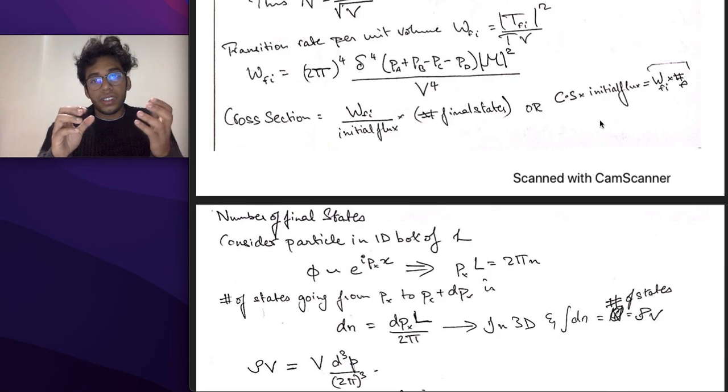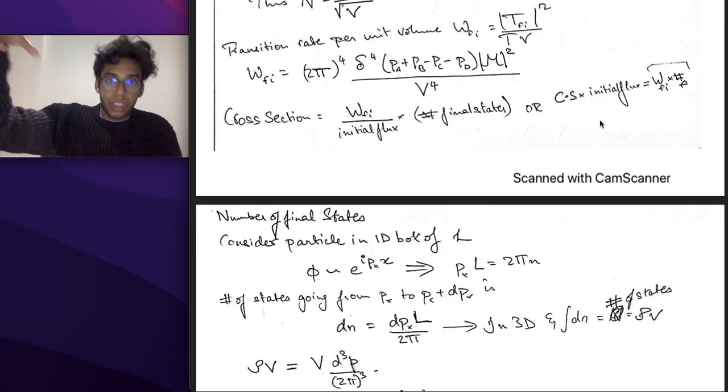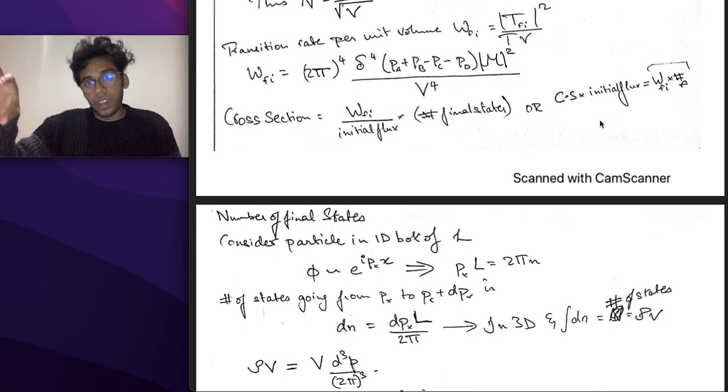So initial flux is the number of particles that enter into the system, okay. So your cross section times the initial flux gives you the total number of particles at the end, and the rate of transition, the probability of particles and the rate of transition.